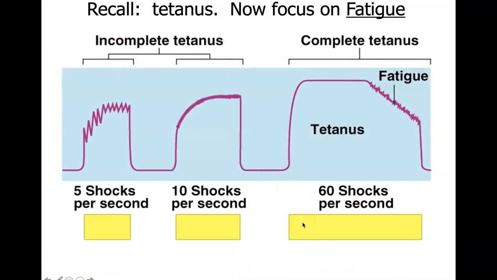Okay, remember tetanus? We talked about incomplete and complete tetanus last time, and now we're going to talk about fatigue. Here's incomplete tetanus, 5 shocks per second, 10 shocks per second, 60 shocks per second, giving us complete tetanus, and then eventually fatigue of the muscle.